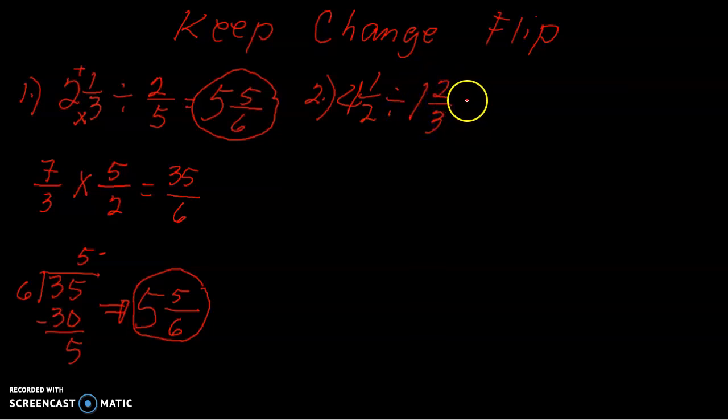Okay, for example lang, ganyan. Pareho sila mga mixed numbers. So, how do we divide that? Again, we will make this an improper fraction by multiplying this and then adding with the numerator. So, 2 times 4 equals 8. 8 plus 1 equals 9. Copy the denominator, which is 2. So, we have here a new improper fraction, which is 9/2.